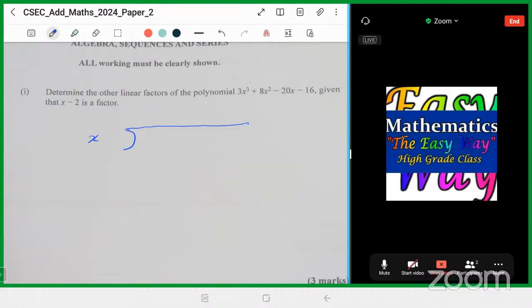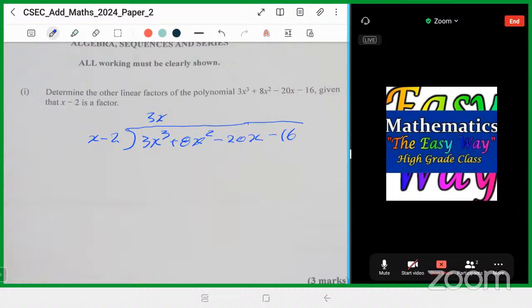So we're dividing x minus 2 into 3x cubed plus 8x squared minus 20x minus 16. It's a standard process. This term divided by the x gives us 3x squared.